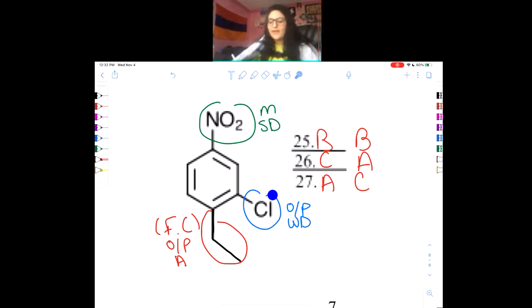And then when we're adding chlorine between NO2 and the R group, we know that the R group would be the director because it's the most activating. And so it would add the chlorine ortho to it. So that also works.